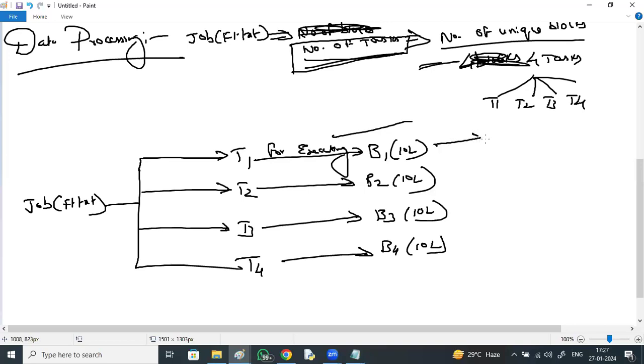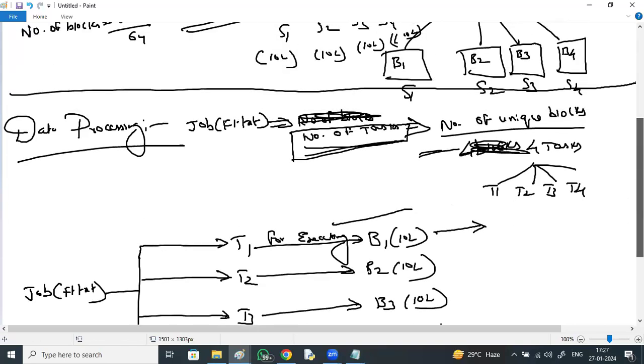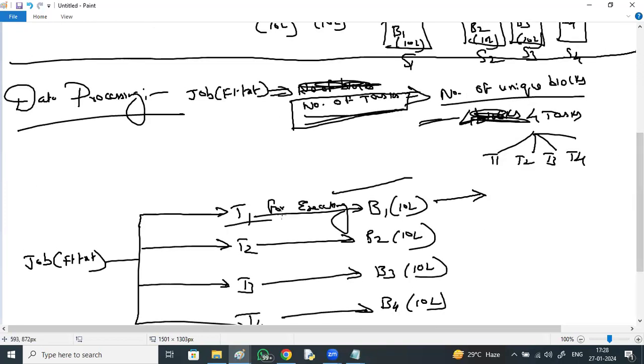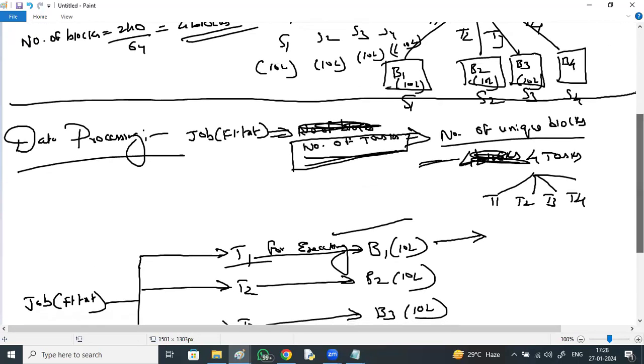Who should execute this T1 task? Which system? T1 is for executing B1, T2 for B2, T3 for B3, T4 for B4. Which system should execute the T1 task? S1 only, right?